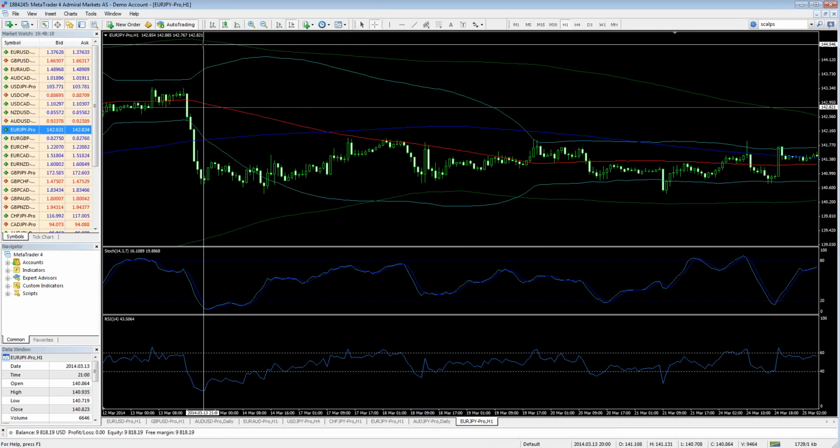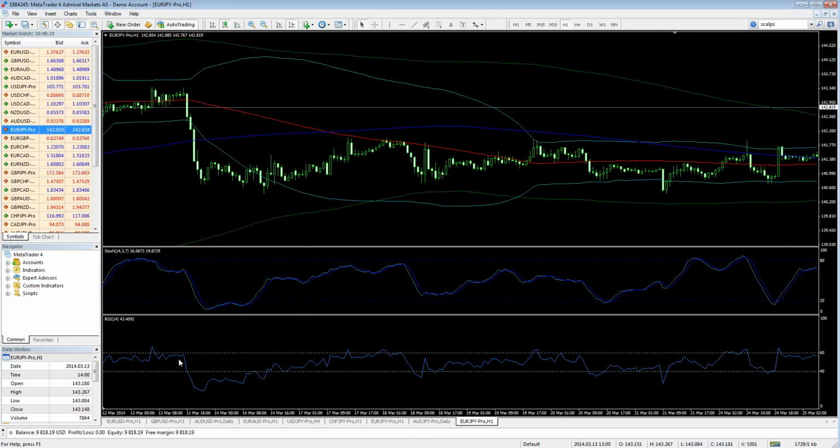So here the trend has been bearish because RSI is below 40 and we don't take any long setups. So the RSI needs to be between 40 and 60 or above 60 for long trades.